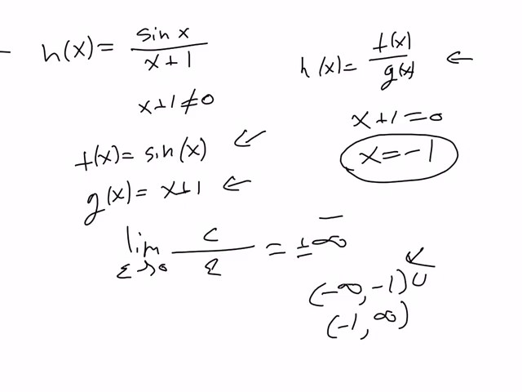Okay. Let's look at problem 25. H of x equals cosine of 1 minus x squared.